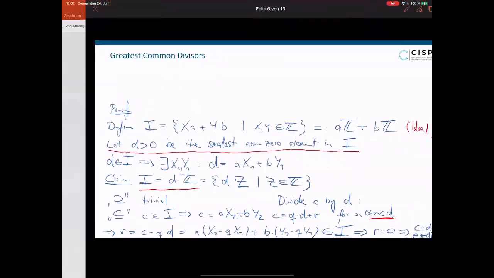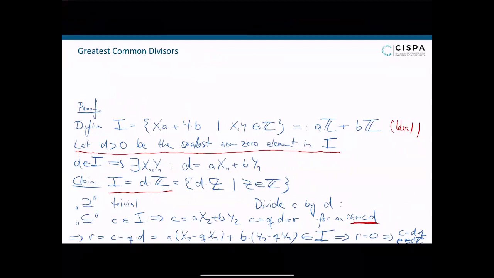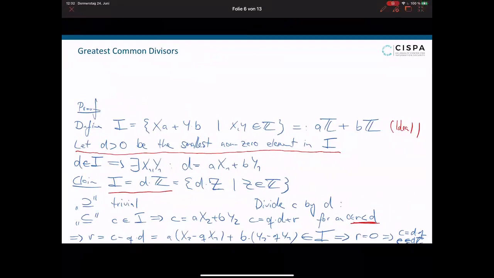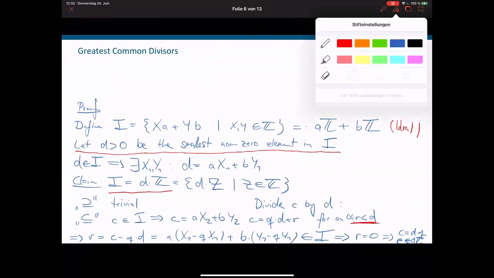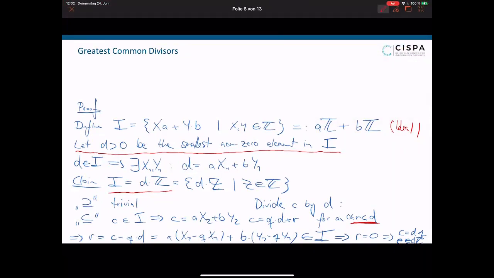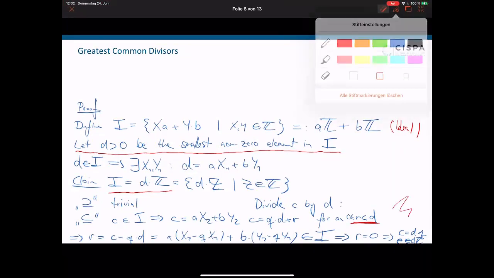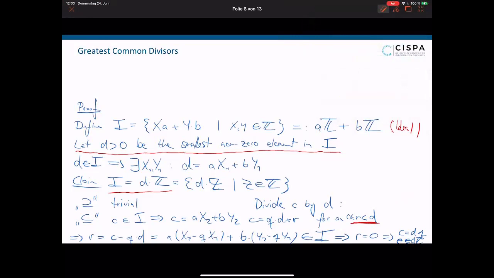Let's try that again. No, I want pen. Does that work? That looks good. Okay. It doesn't let me erase stuff that I wrote last time. Good, so it's not frozen.